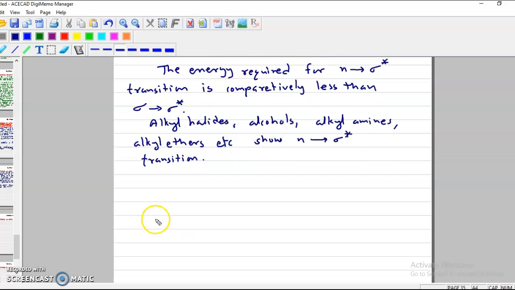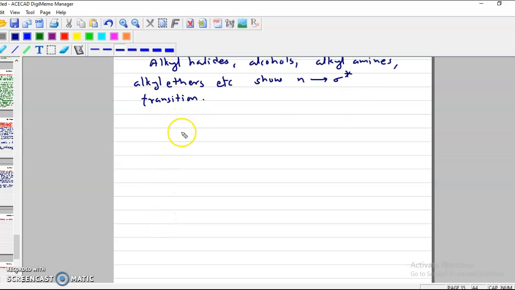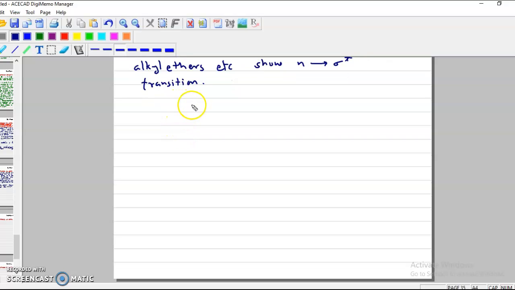For example, if we take methyl chloride, methyl bromide, and methyl iodide, all are having halogen but of different electronegativity. Therefore, strength of sigma bond and bond polarity will be different.